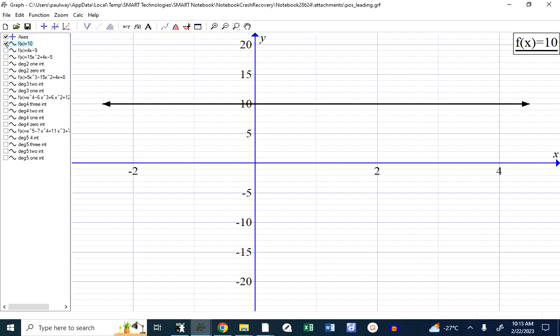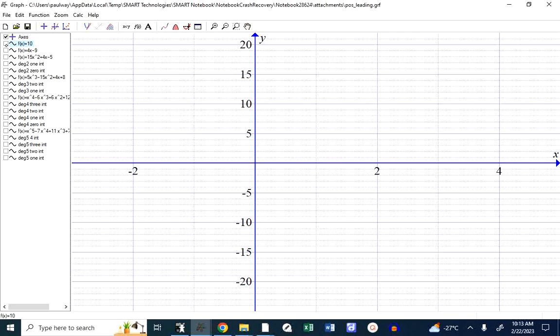Could a constant function have an x-intercept? Yeah. If its y equals 0, then not only does it have an x-intercept, it has an infinite number. Just shelve that exception away for now. Okay? Y equals a constant other than 0 will have 0 intercepts.